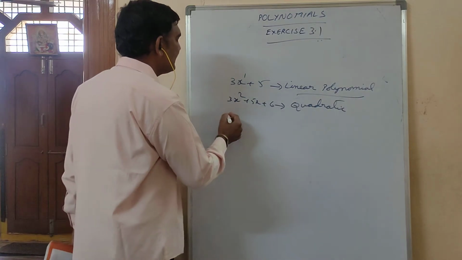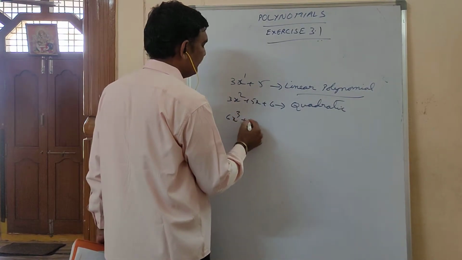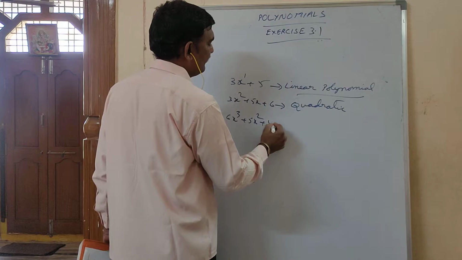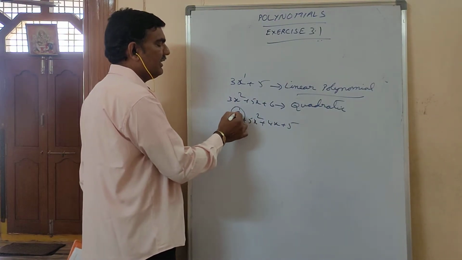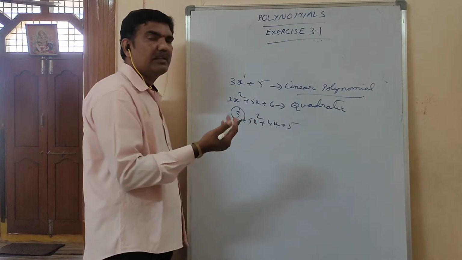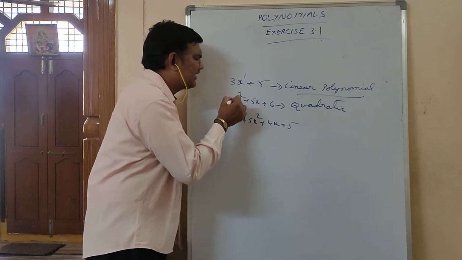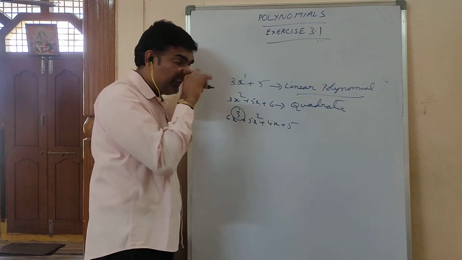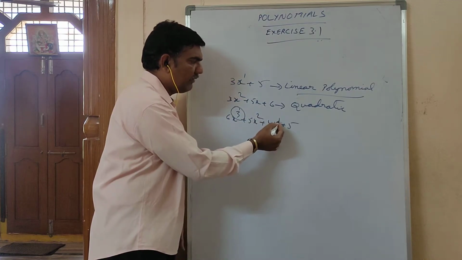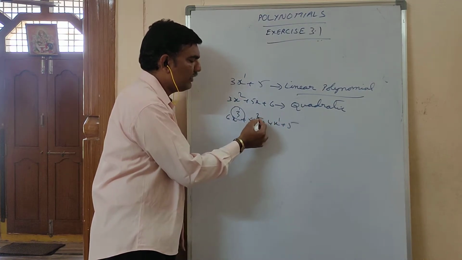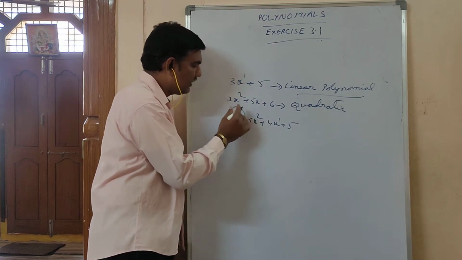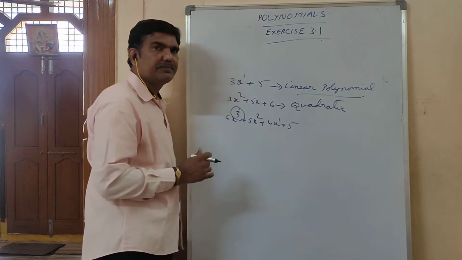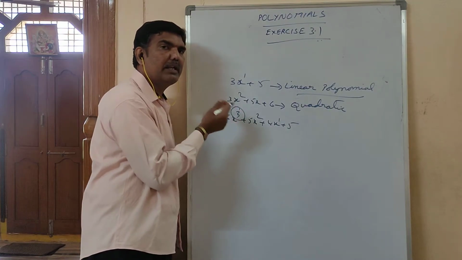So if the degree is 3, what is meant by degree? Degree means the highest power of the variable. Here see, x power 1 is smaller, x power 2 is smaller, x cube. This 3 is the greatest power of x. So this 3 is called the degree.